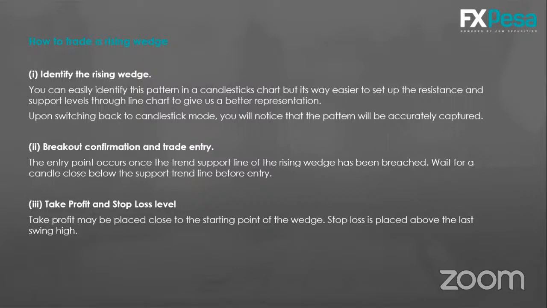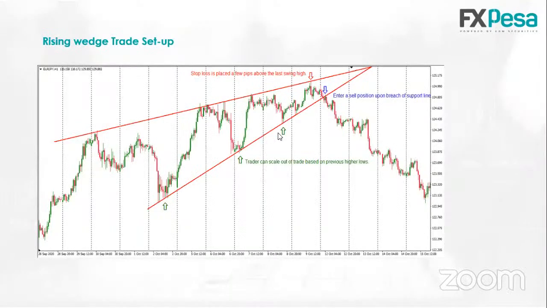So basically, the first thing is to identify, and I always insist that it would be good to scan through various charts in order to see what is happening. It's only by doing that that you can spot some of these patterns. So once you spot the pattern, for example a rising wedge, you first have to trace it.